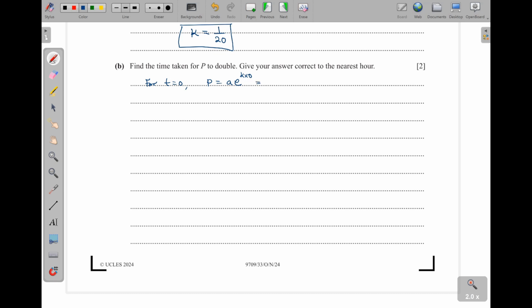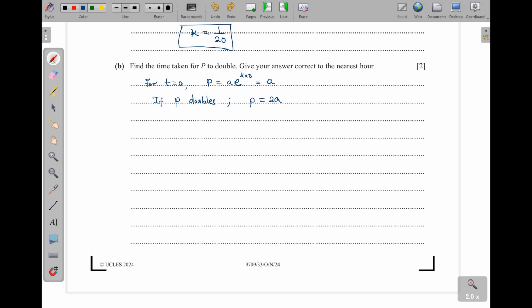So this one is actually equal to a, because a number power 0 is always 1. Now, if p doubles, this then means that p shall be equal to 2a, because the initial p is a. So now when it doubles, it will be 2a.